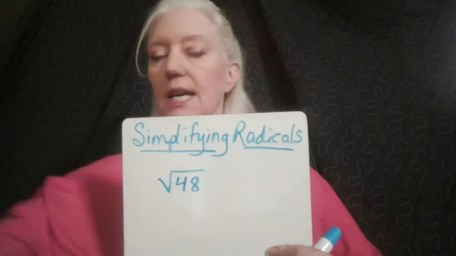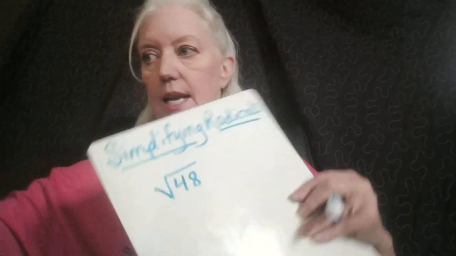First you have to know what all the perfect squares are. And like I said about the perfect cubes before, there are certain ones that I think you should have memorized. I think the first 13 should be memorized: 1 squared, 2 squared, 3 squared, 4 squared, 5 squared, 6, 7, 8, 9, 10, 11, 12, and 13.